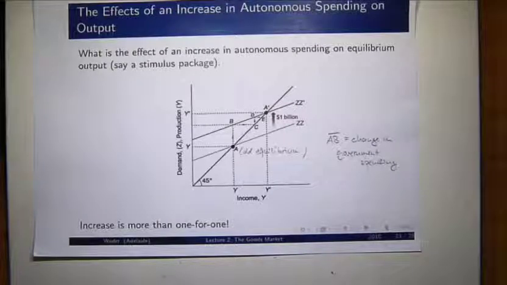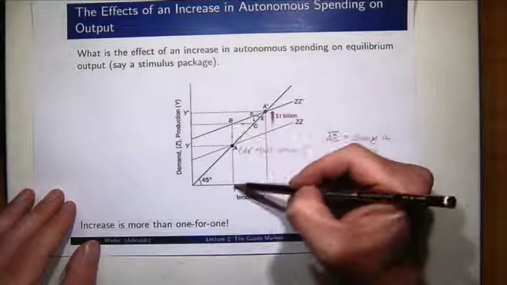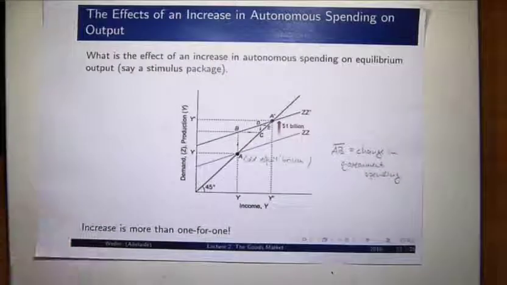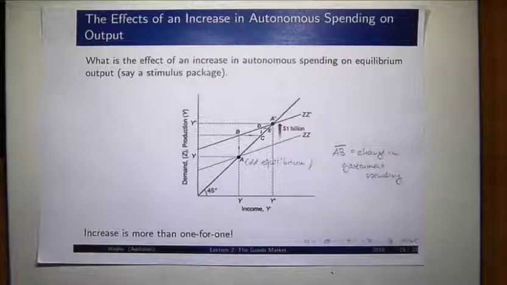Because the demand for goods would be this length, and we only produce the old output. However, there's an increase in demand, so firms will also increase their supply. They will build more goods, so workers will work more, or more people will find work.